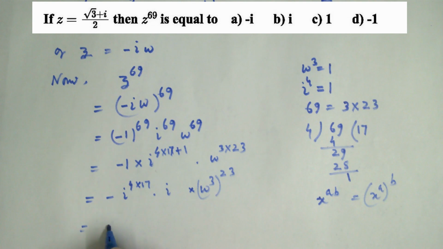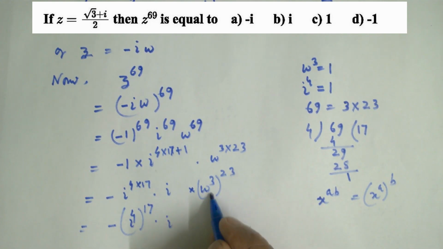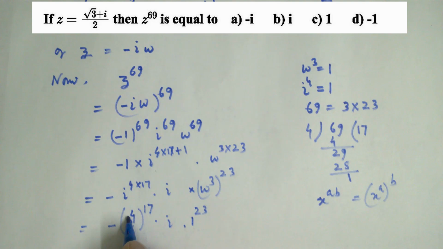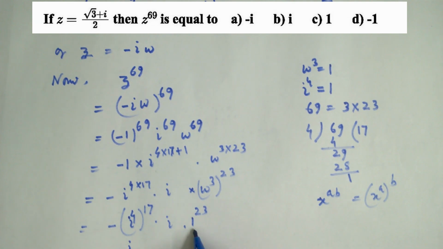So minus (i to the power 4) whole to the power 17 into i into (omega cube) whole to the power 23. i to the power 4 is equal to 1, 1 to the power 17 is 1. So finally minus i, and 1 to the power 23 is 1.